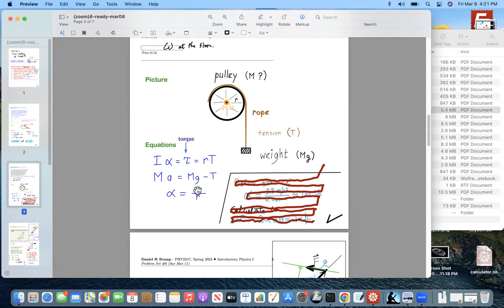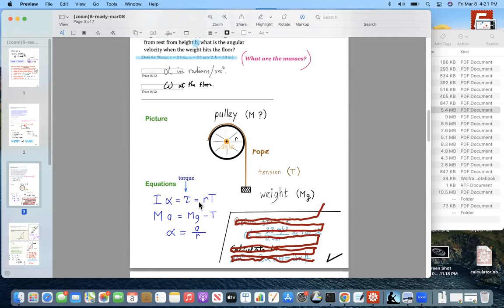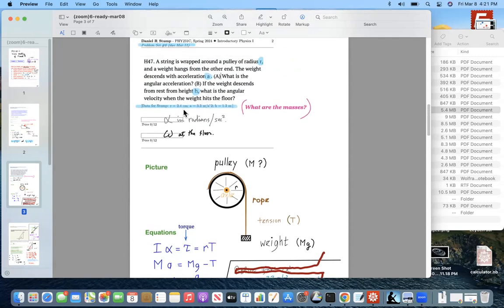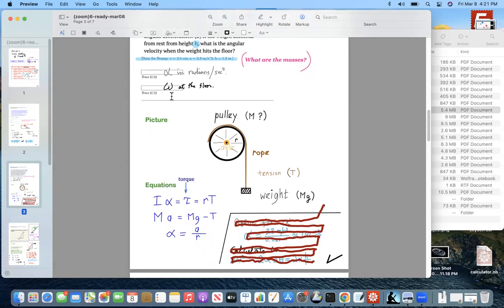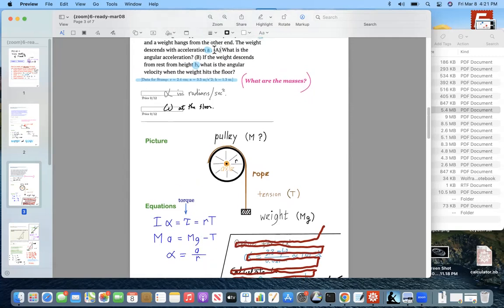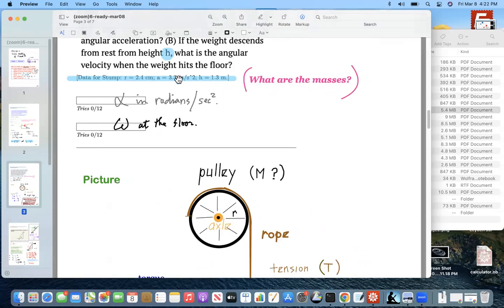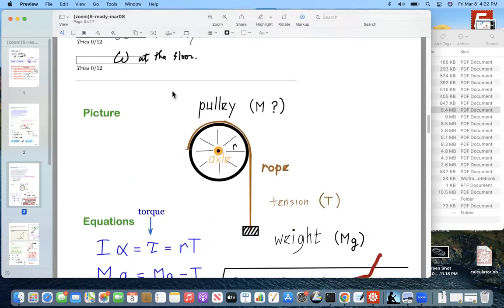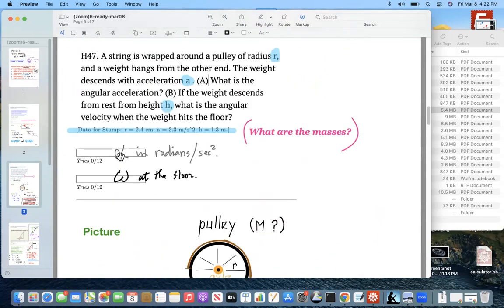Sorry, angular acceleration is acceleration over radius. Well, the acceleration is given. So in fact, for the first question, what's alpha? All I have to do is put in the value of a, which is up here, and divide by the radius of the pulley, which is up here.